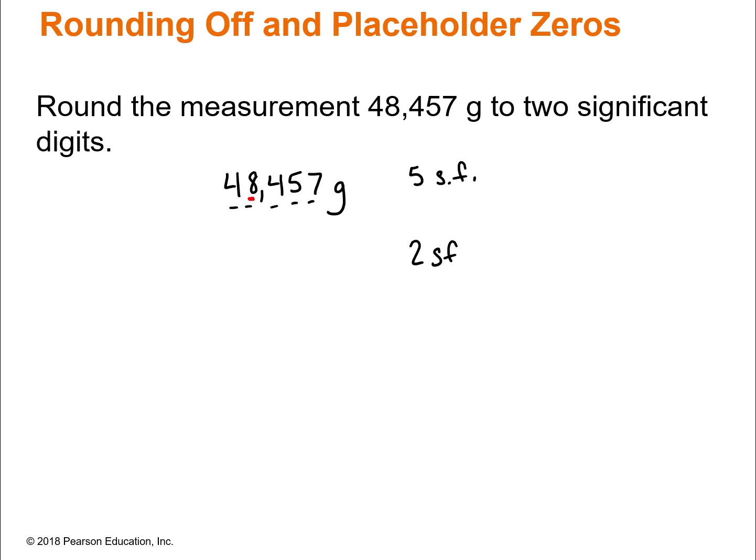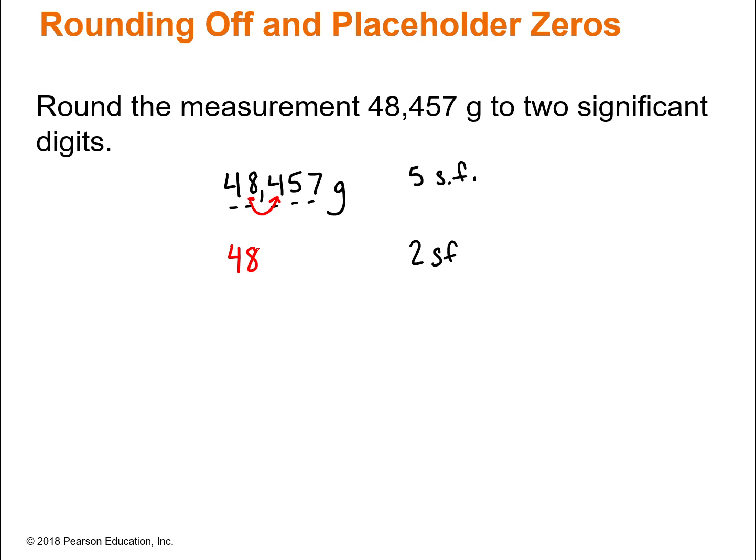The 8 is the second significant digit. So that means we need to look at the 4. Then we determine if we round up or just drop everything off. 4 is less than 5. So everything's going to drop off.